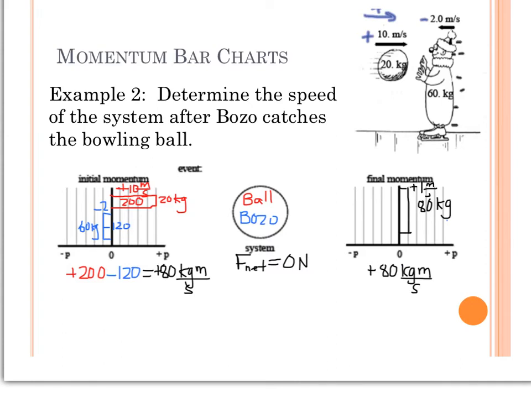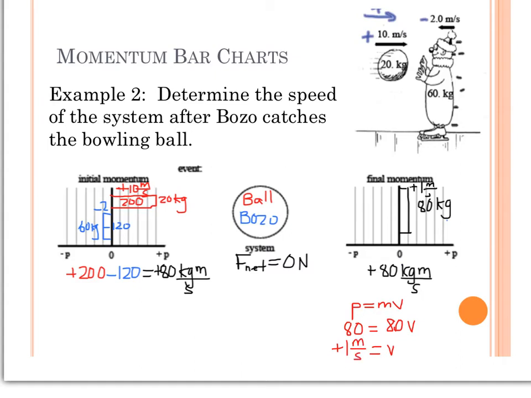Mathematically, if you want to see the formula, momentum equals mass times velocity. I know that the total momentum of both of them together must be 80. They're moving as one, and they have a total mass of 80 kilograms. So the velocity, 80 divided by 80, must be positive 1 meter per second.